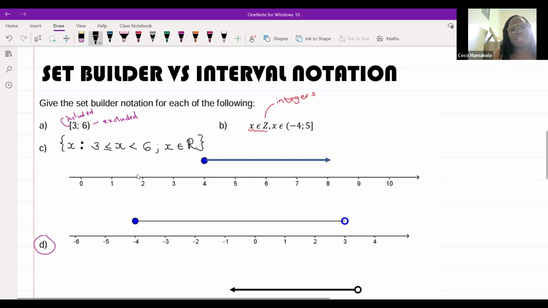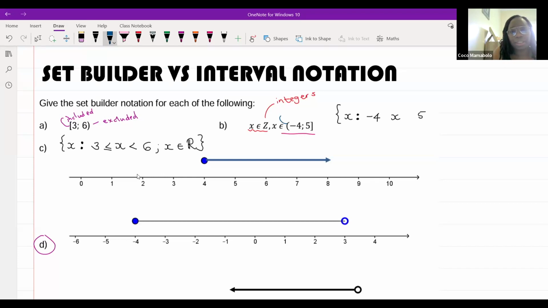So when we write this out in set builder notation, because this is what we're trying to write out, we're always going to start with our curly brackets. So squiggly brackets. I want some number x such that x must be in between -4 and 5. And now I know what my brackets mean.